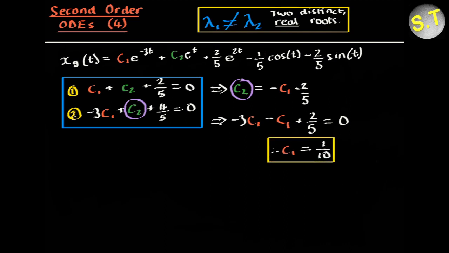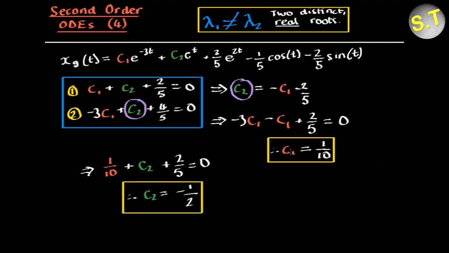And since we used equation 2 to calculate c1, we're going to have to use equation 1 to calculate c2. So 1/10 plus c2, this is just equation 1, plus 2/5 is equal to 0, so therefore c2 is equal to minus 1/2.